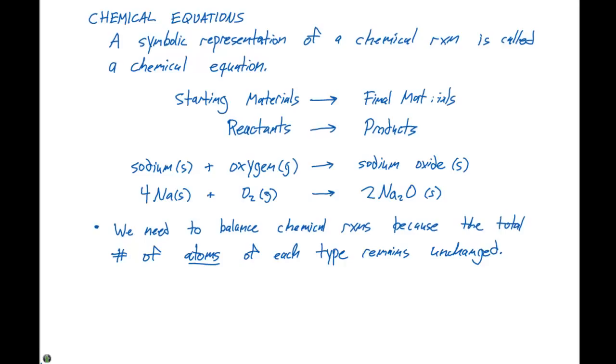And this goes along with the law of conservation of matter. We cannot create or destroy an atom. It can change form, it can change what it's bonded to, but the total number of atoms is going to be the same. Okay? And we can balance these equations by adjusting the coefficients. So we can't change the actual molecule, but we can change how many, or we can represent with a coefficient how many of that particular molecule will be either reacted or produced.